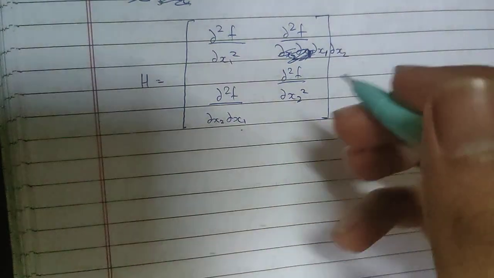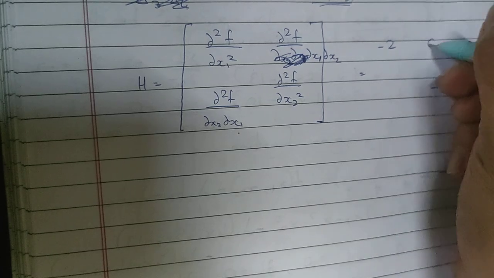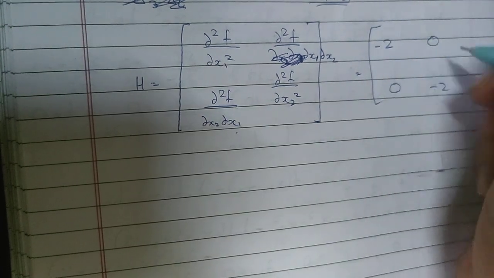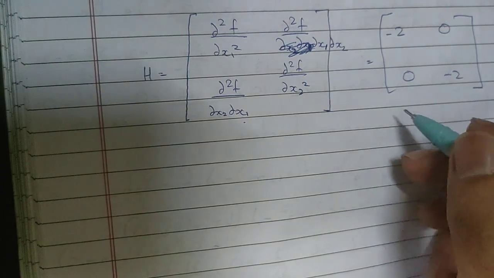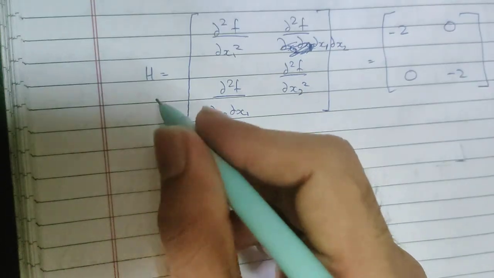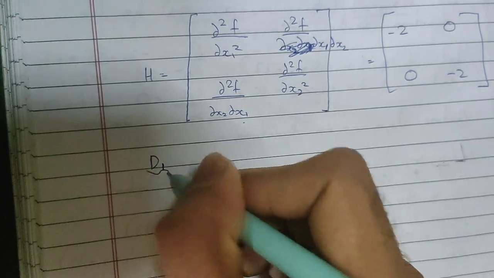Okay, our diagonal elements are negative, minus 2, minus 2, while the rest are 0 as we just calculated. Now in the Hessian matrix we basically need to find all the principal minors.